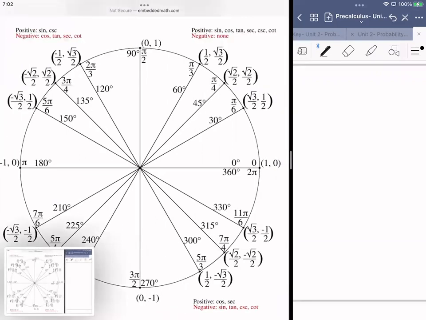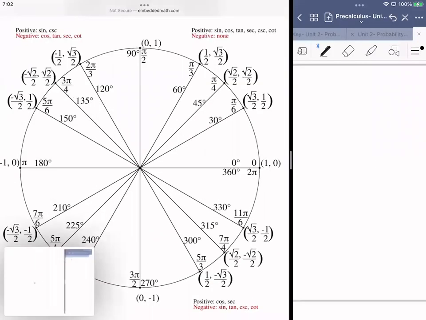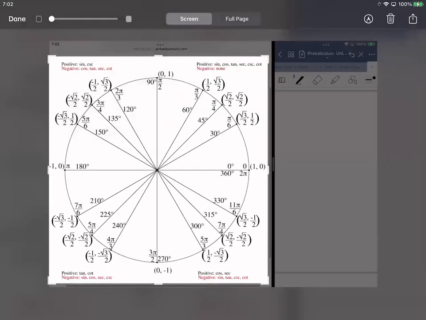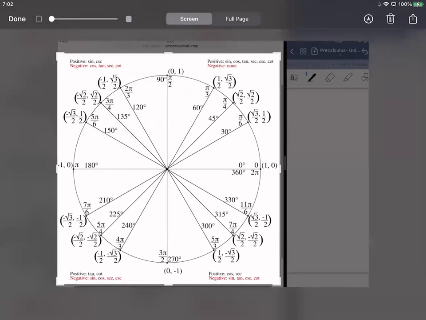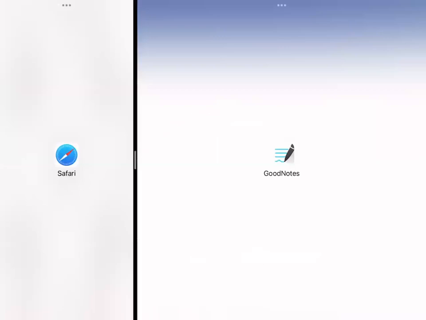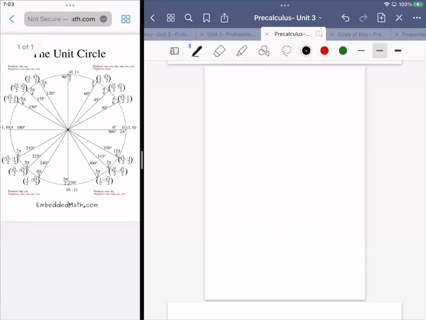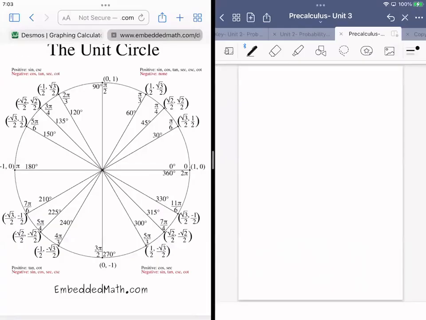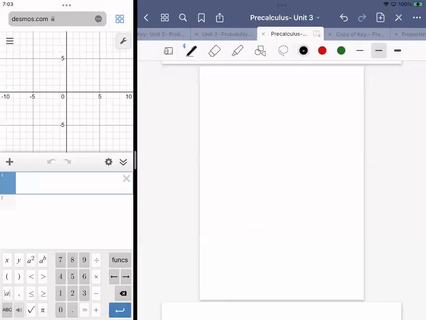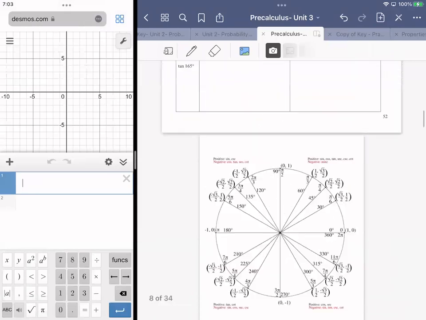I think it left the page number. Yeah, I didn't want that. All right. Good looking unit circle. Right in the notes. Something to refer to.